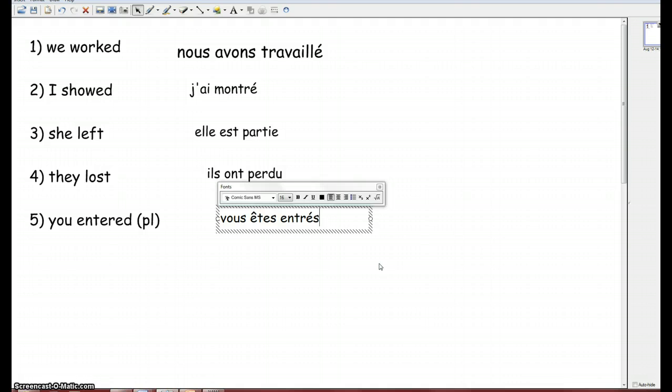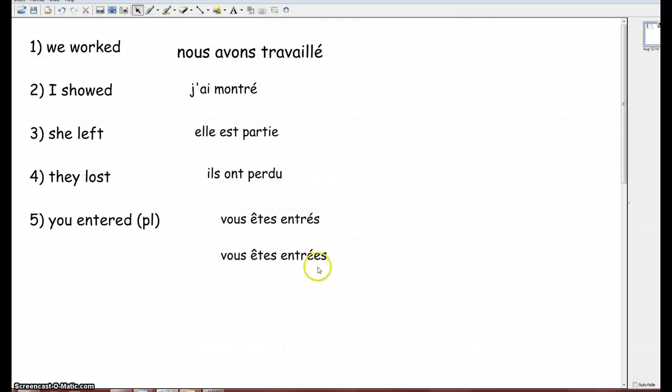But if you were using this in real life, you'd know whether you were talking about a group of girls or a mixed group or a group of males only. So you'd know which one to use. But it is possible that we would need to put an extra E on before that S. And that would be if we were talking to just a group of females. Vous êtes entré. So there are two possibilities for that one, depending on who you're talking to.